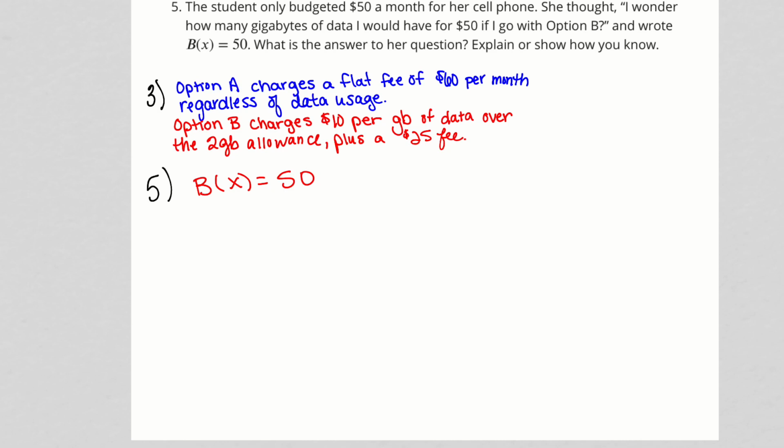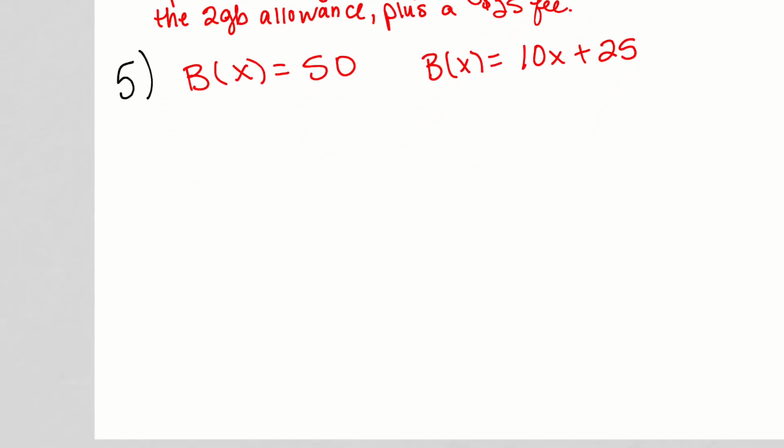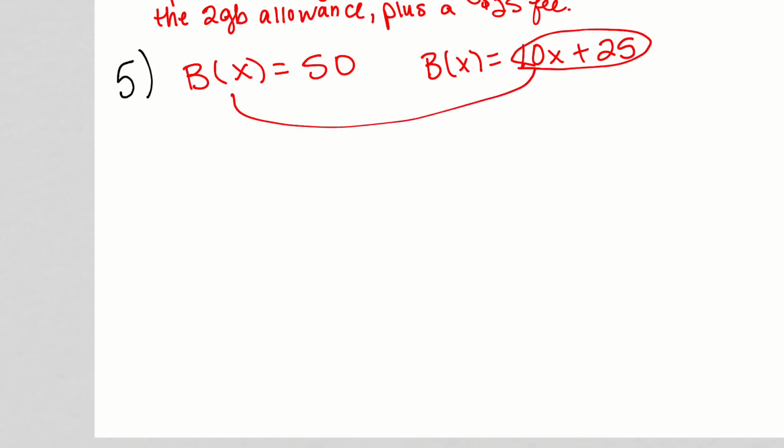And we know that the equation for B of X is 10X plus 25. So we're going to use substitution here because we have B of X on both sides. We're going to take one of these equations and put it on the other side of the equation. So we're going to take this and plug it in right here because it equals B of X. The result of this will be 10x plus 25 equals 50.